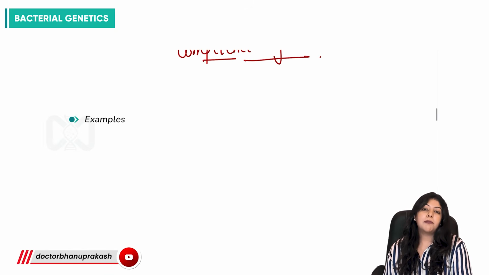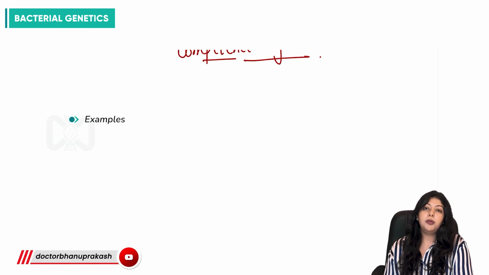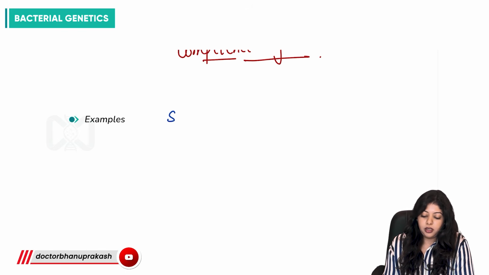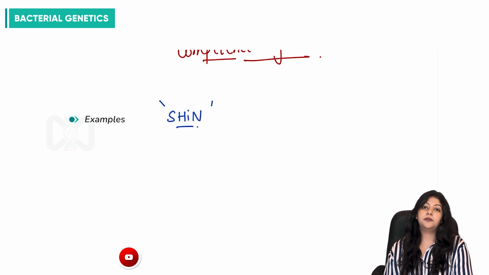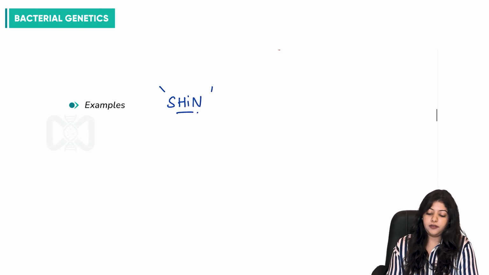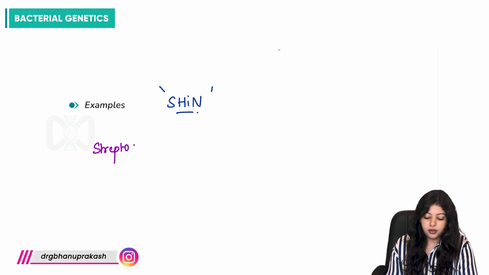What are the examples of these competent bacteria? Remember the mnemonic SHIN. With S we have Streptococcus pneumoniae.